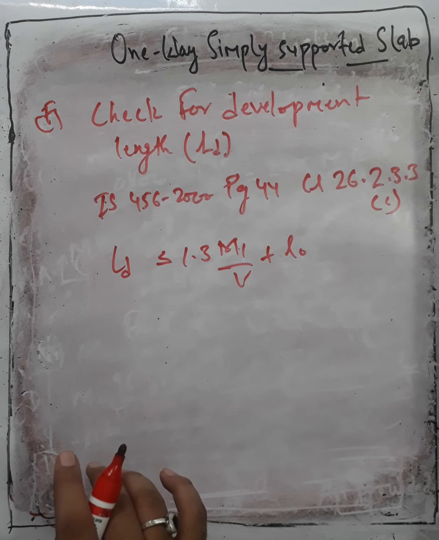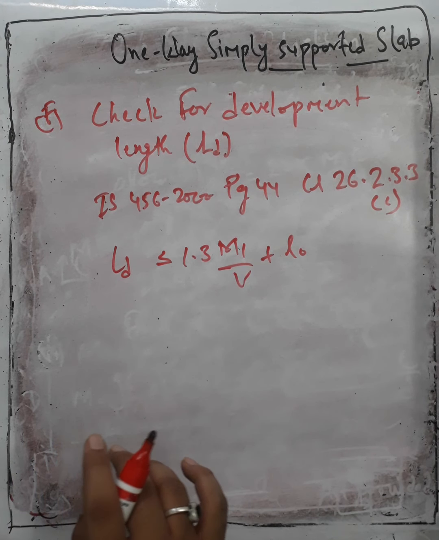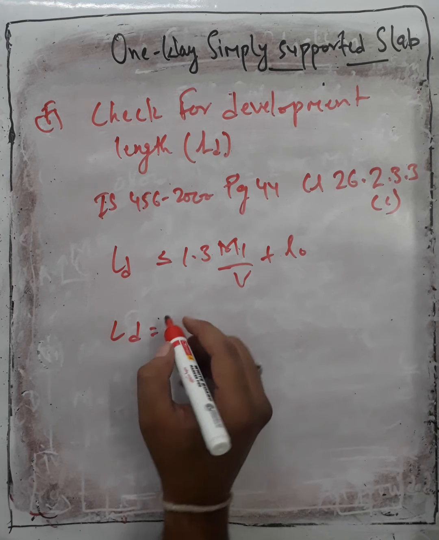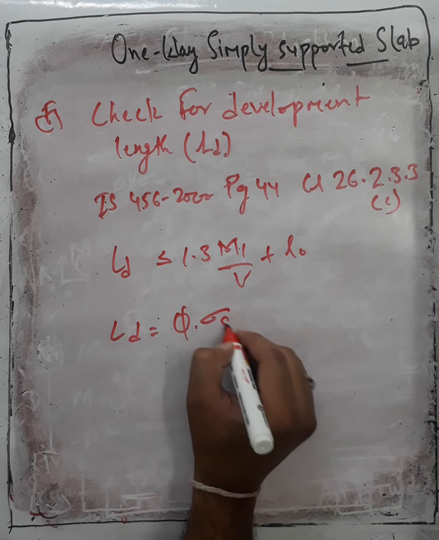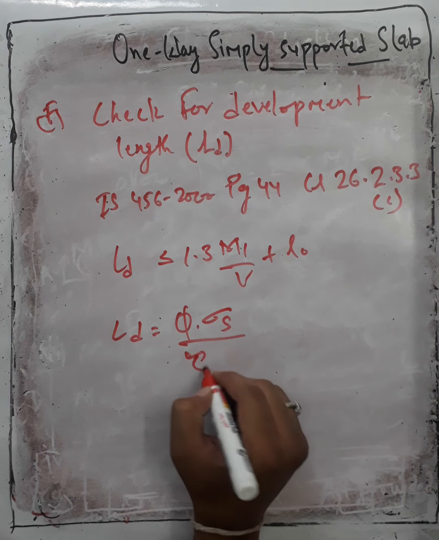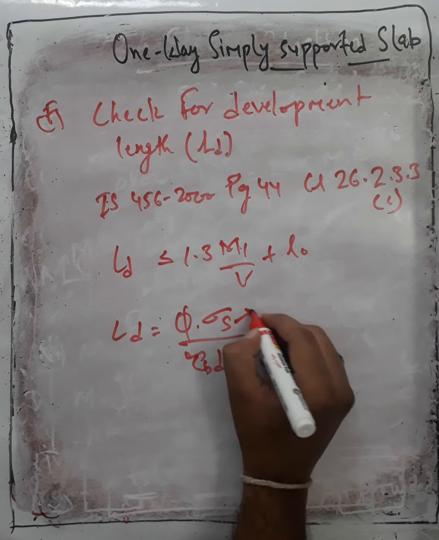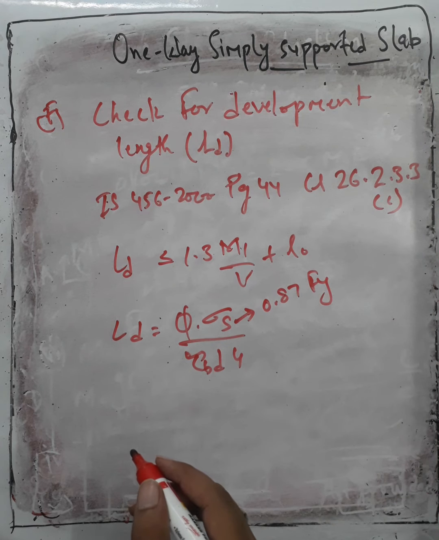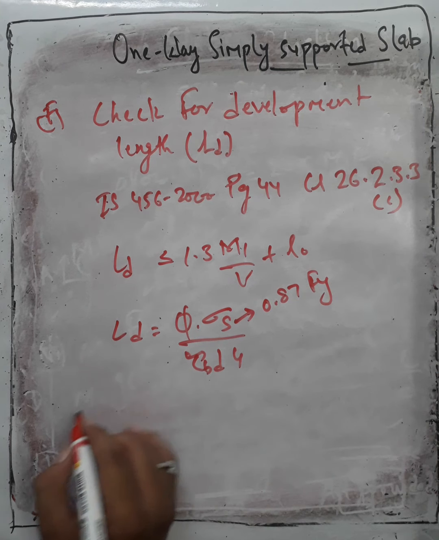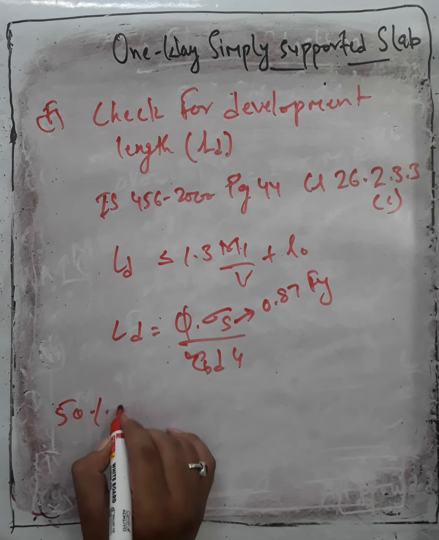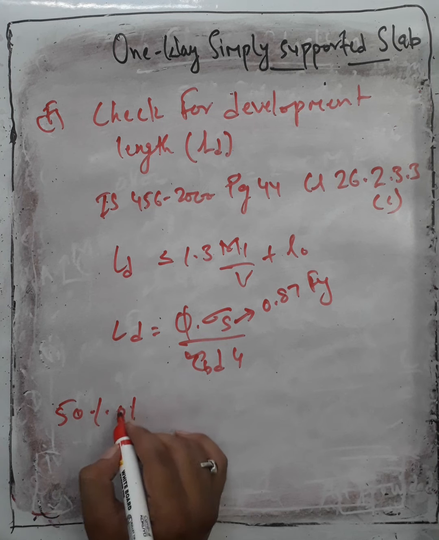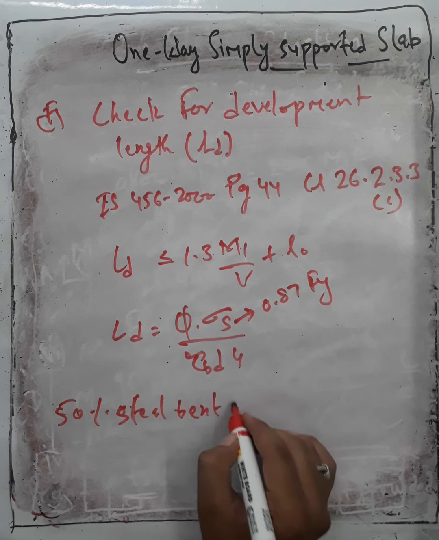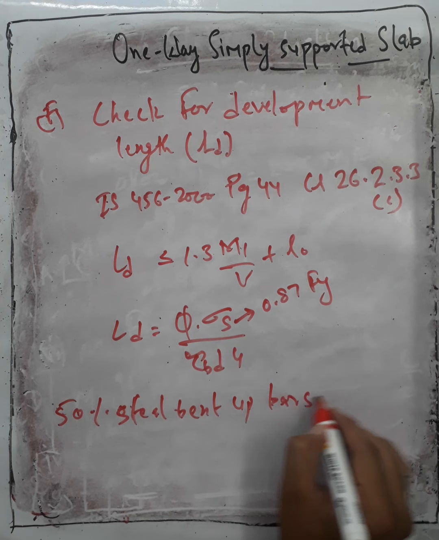Where LD is equal to phi sigma s upon tau BD into 4 and sigma s is 0.87 Fy. Here we have to take 50% steel as bent up bars near support.